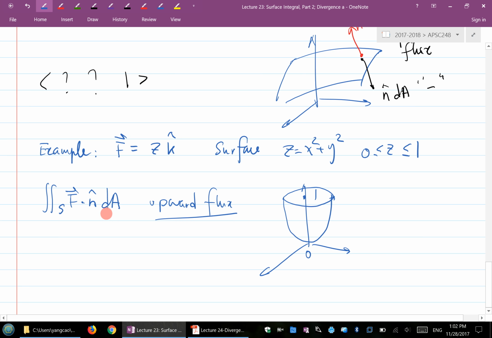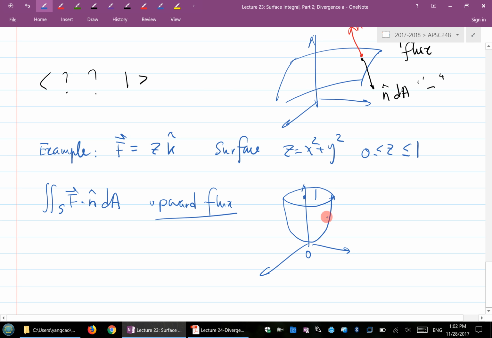What do you think the surface integral, the net flux, would be? Would that be a positive number? A negative number? Or any other type of number? Yes? No, just the bottom here. There's no top cap. Yeah, it's positive, right? How do you get a positive?